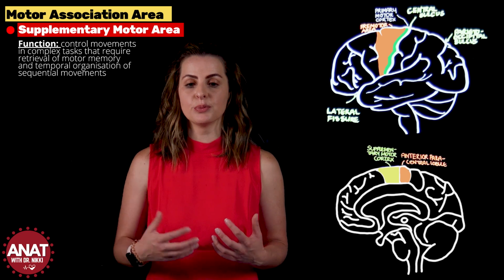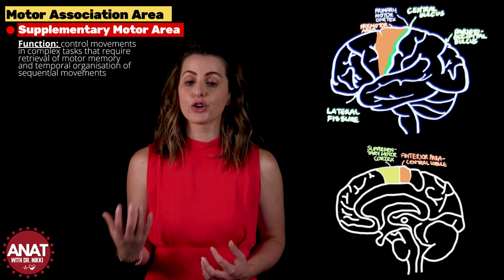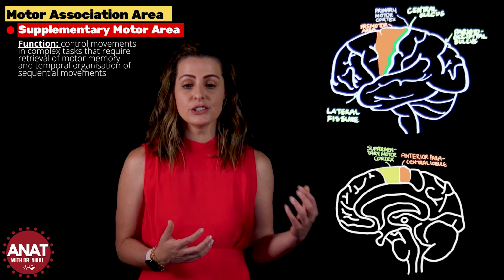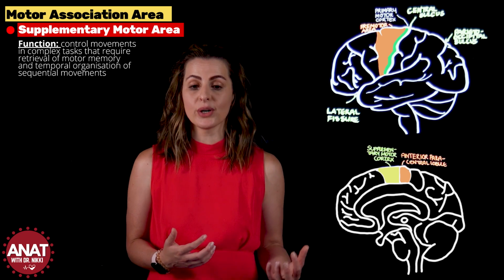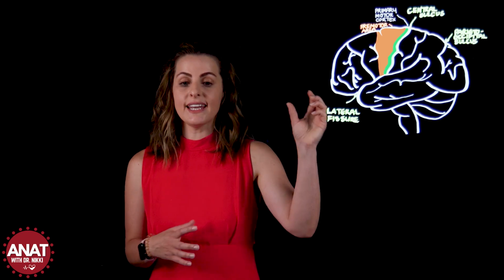And this is responsible for controlling movements in complex tasks that require us to retrieve motor memory, as well as integrate or use our temporal organization of sequential movements. Moving then anteriorly, within the middle frontal gyrus, we then find the frontal eye fields.